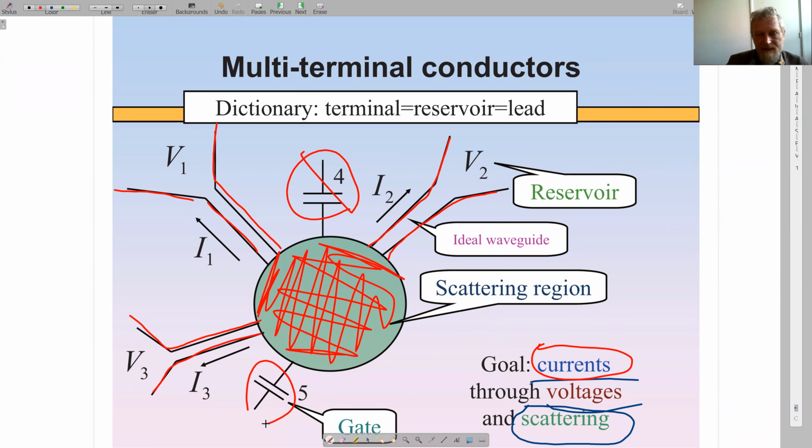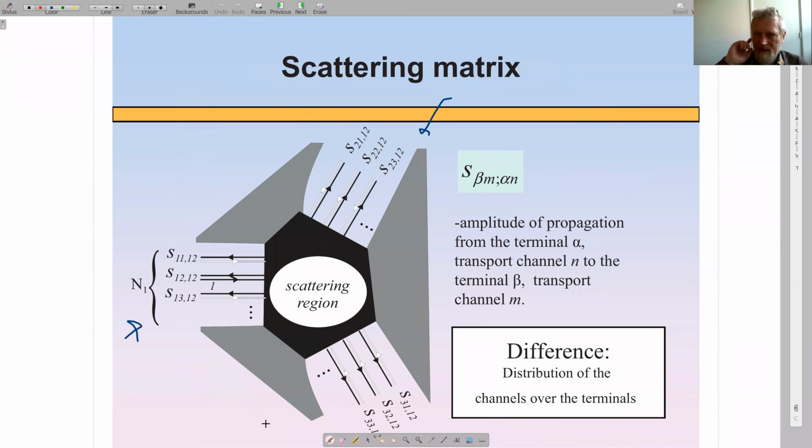Good. Let us see how we can use the scattering matrix in this setup. Basically, it's the same scattering matrix. There is a set of waves which come to the nanostructure, and there's a set of waves which go out of the nanostructure.